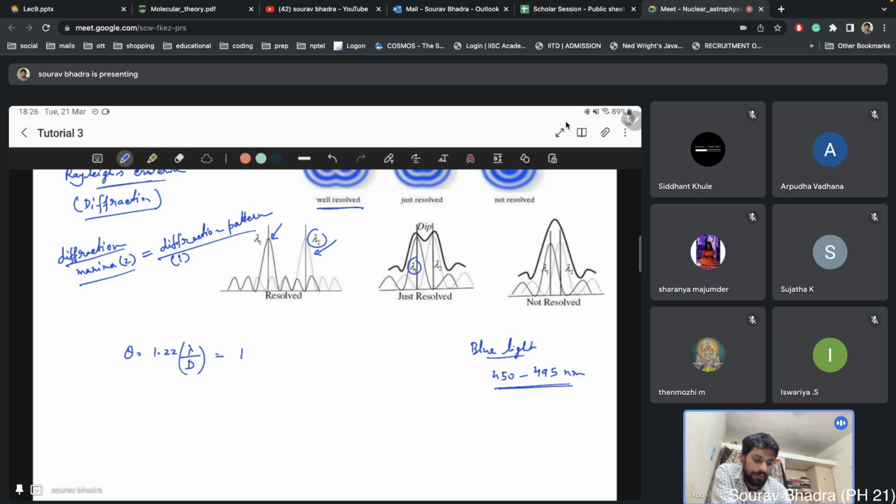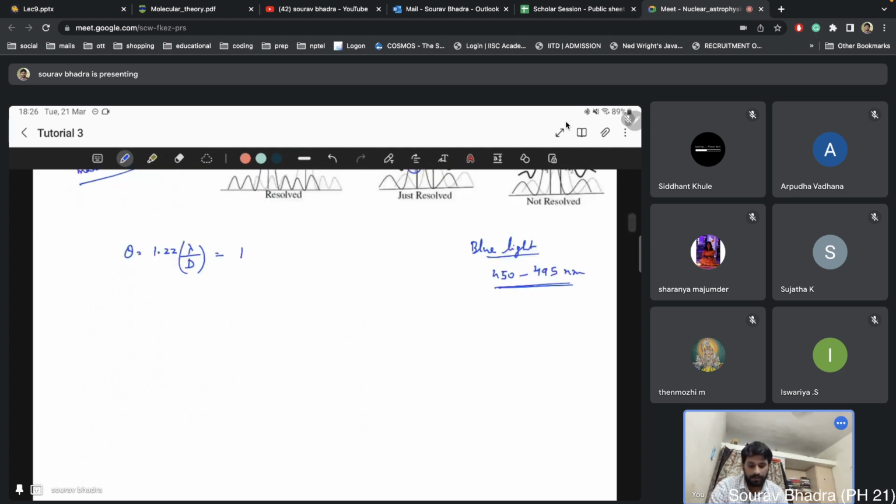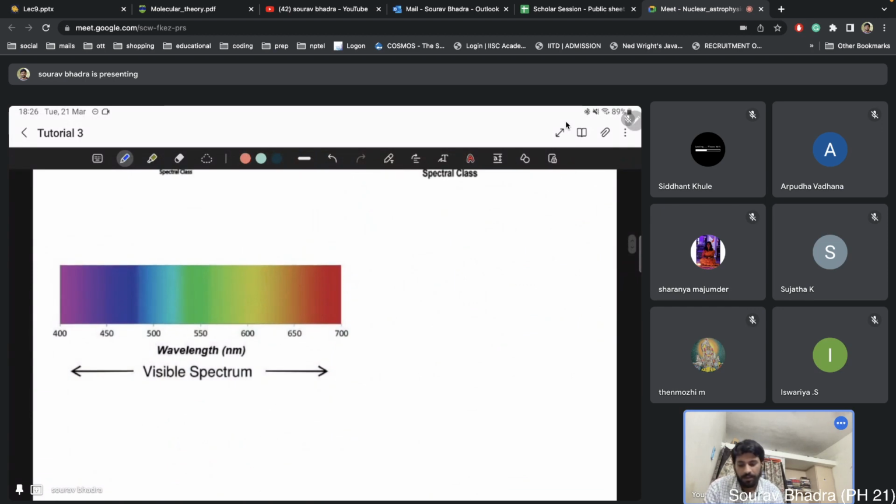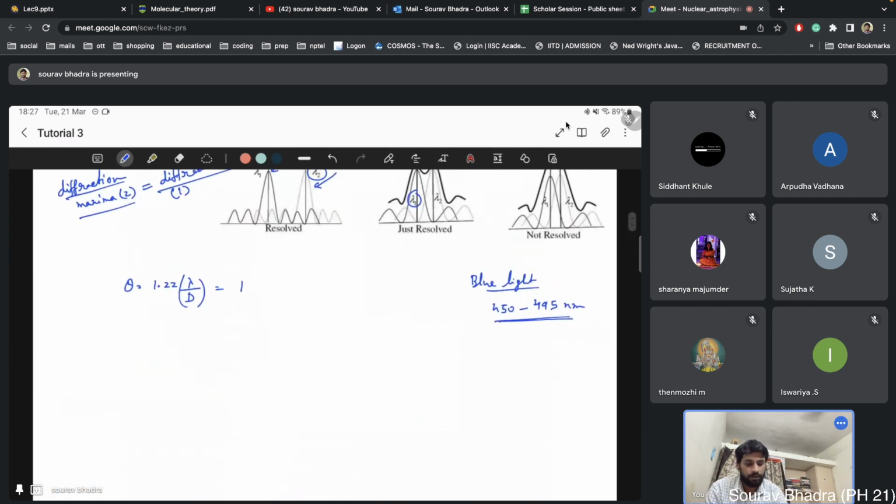I am taking a range because there is no single particular lambda for blue light. If I show you a spectrum, roughly this is the blue part, from light blue to dark blue. So we are taking the range which starts at 450 and ends at 495.